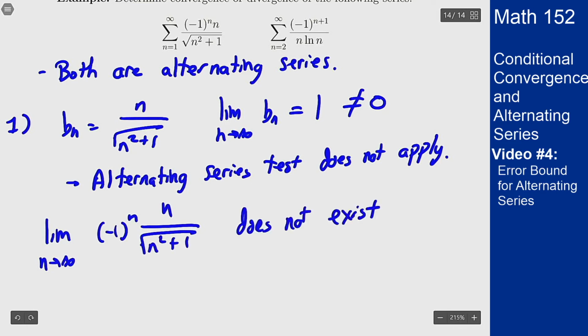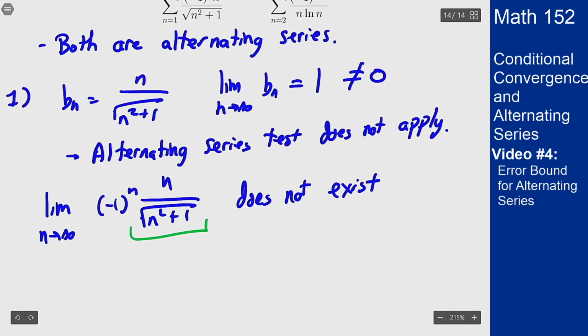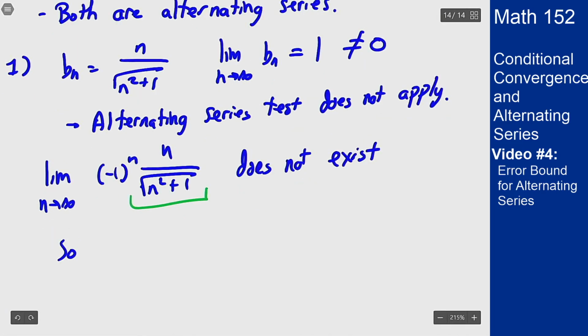Basically, the coefficient part wants to go to 1, but the alternating signs give me plus and minus 1. So half the sequence goes to plus 1, half goes to minus 1. Therefore, this limit does not exist. So by the nth term divergence test, it diverges. That test, remember, says if the limit does not go to 0, the series must diverge.